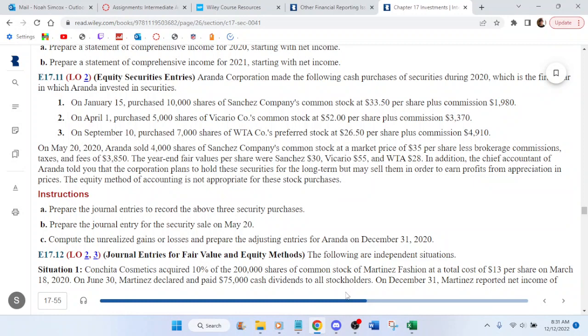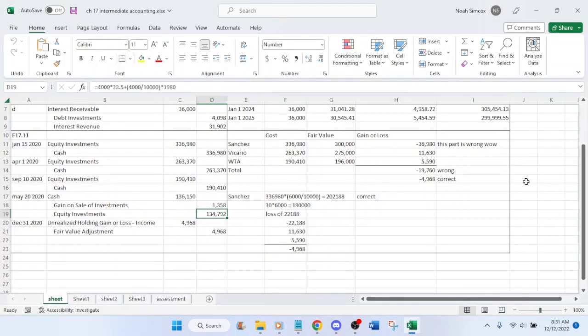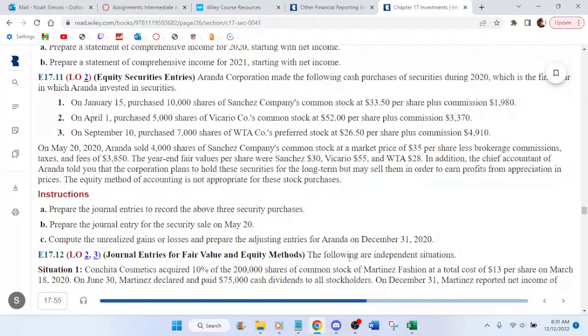Do I have to do this question all over again? I messed up Sanchez somehow. Obviously, because it was the one where he sold the shares already. So you have 6,000 shares remaining.